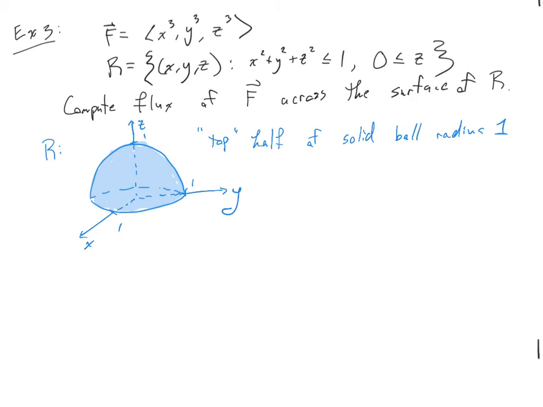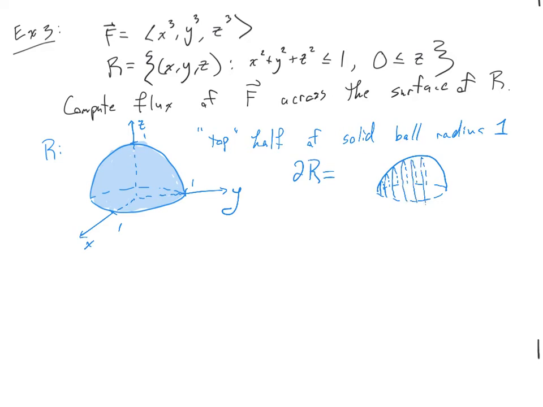So the surface of R actually has 2 components. So the boundary of R looks like, on one hand, you've got this top half of the ball, where, let me just try to sketch some lines on this to make it clear what I want.